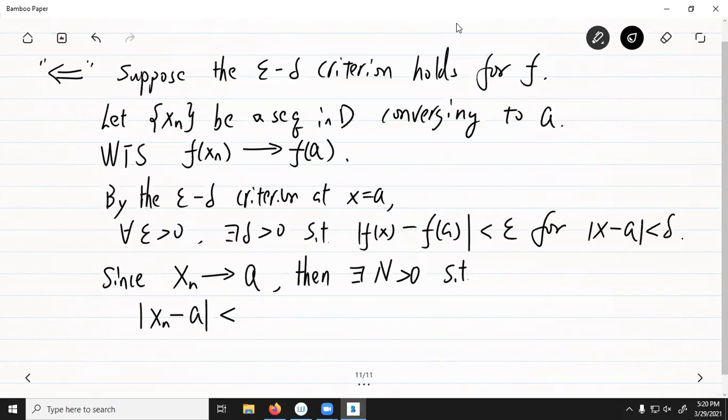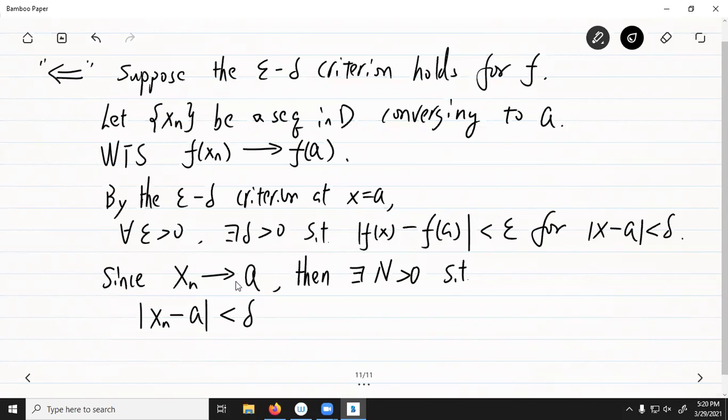But here we have the epsilon already, so we take a specific number to be this delta. For this delta, we must have some capital N such that xn minus a is less than delta. No problem, right?